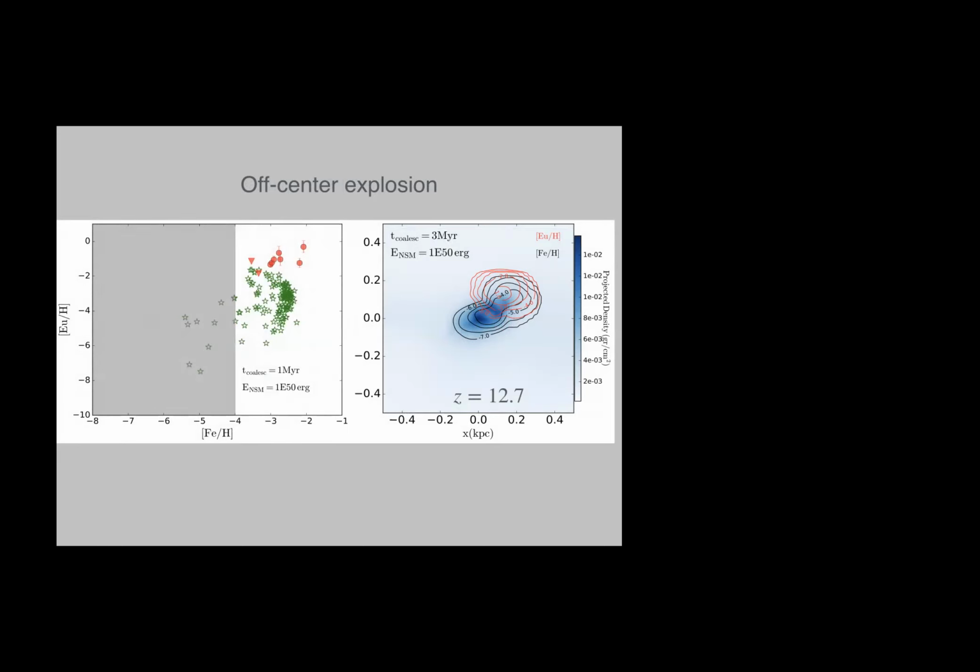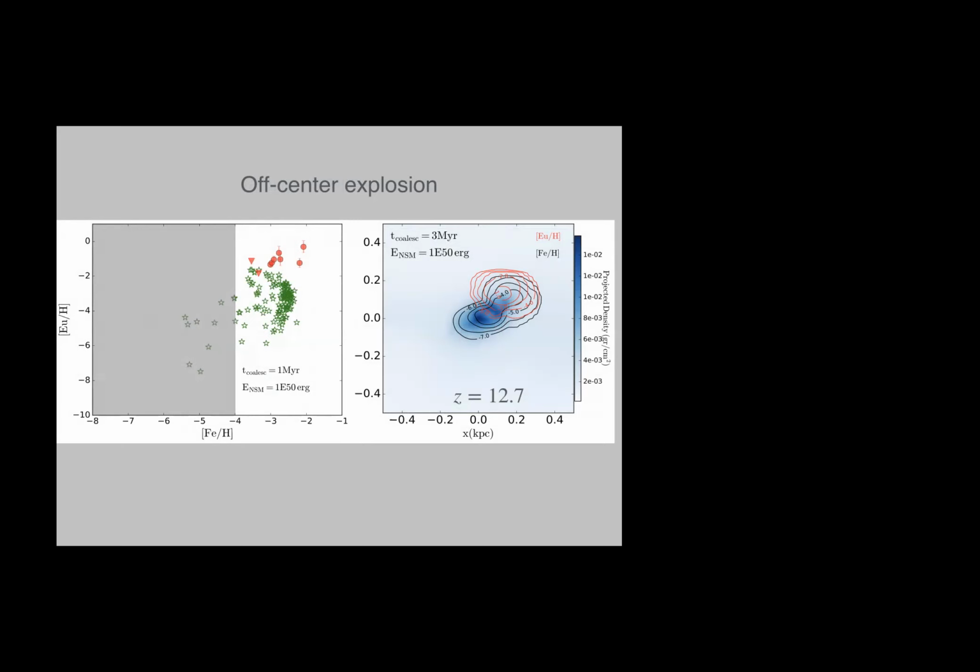So this is very sensitive to where the neutron star binary merges, and we definitely need a fast merging channel.